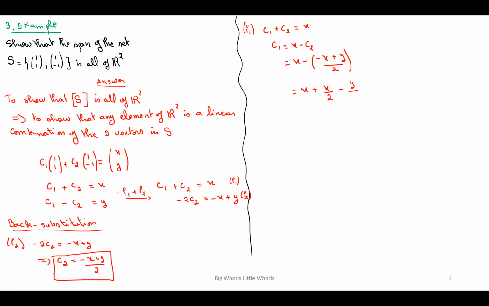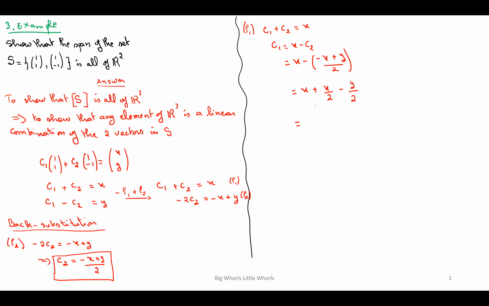So this is going to be equal to x plus x over 2 minus y over 2. I hope everything is right.